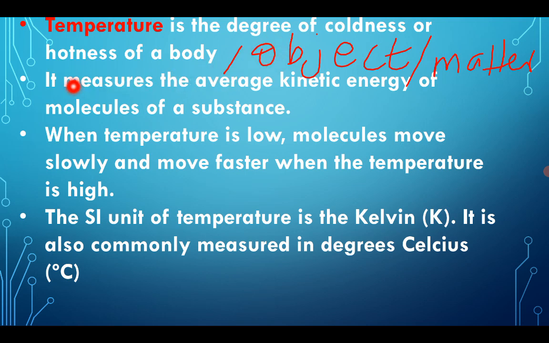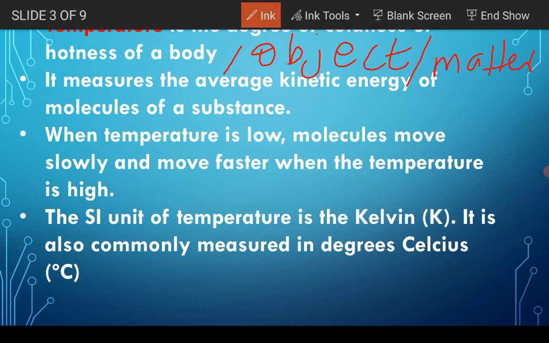All right, so temperature basically measures the average kinetic energy of molecules of a substance. Remember that kinetic energy is simply the energy of particles due to their motion. So when a substance is heated, such a substance is going to gain kinetic energy.